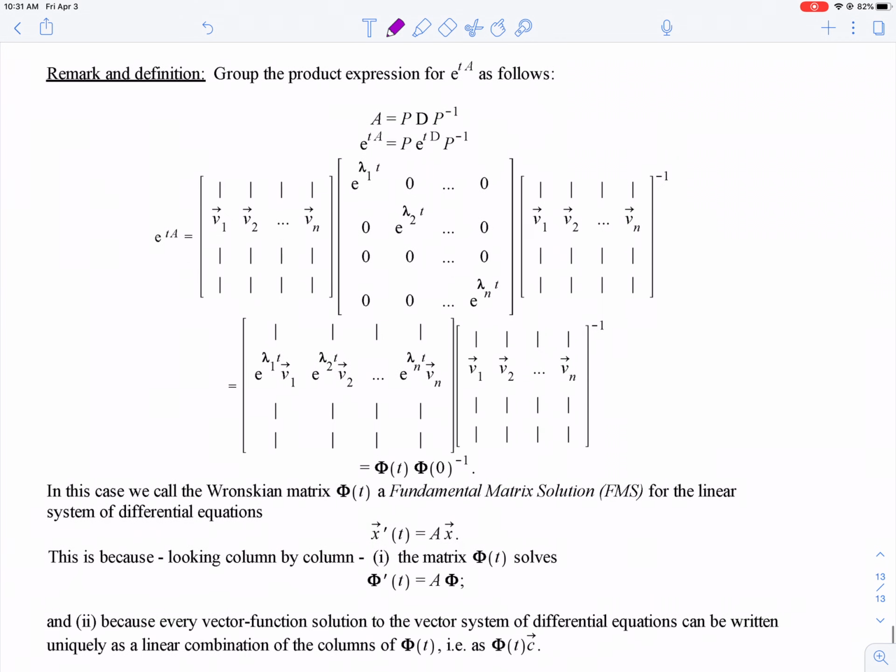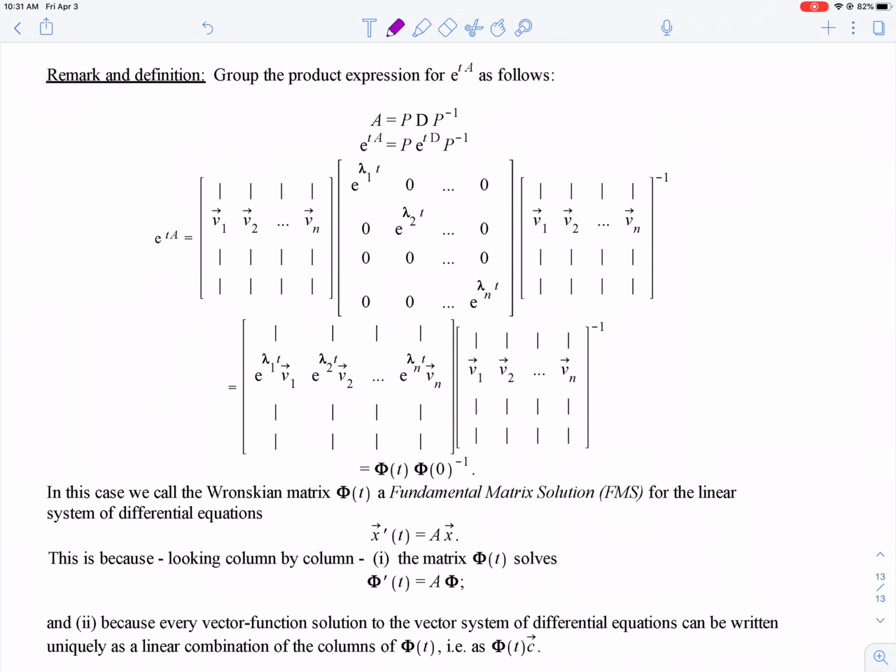Okay, now one last comment. In this remark, I just wrote out more explicitly what e to the tA was. P was the matrix of eigenvectors. e to the tD was the matrix of exponentials of the eigenvalues, the diagonal matrix.